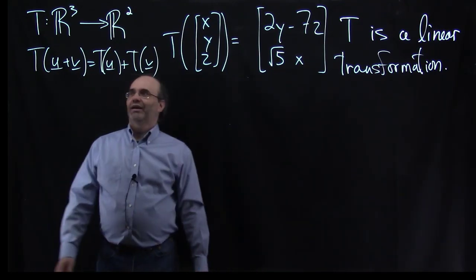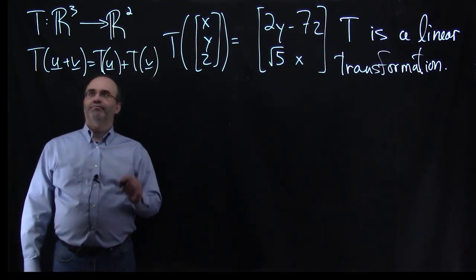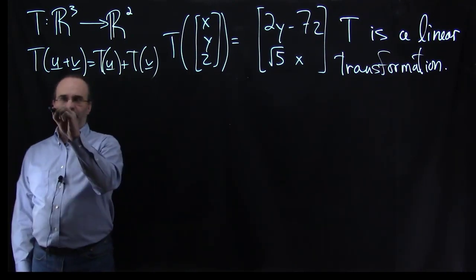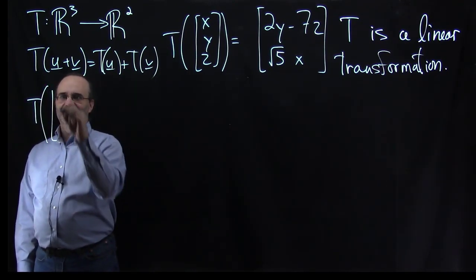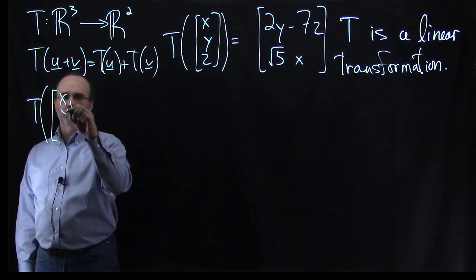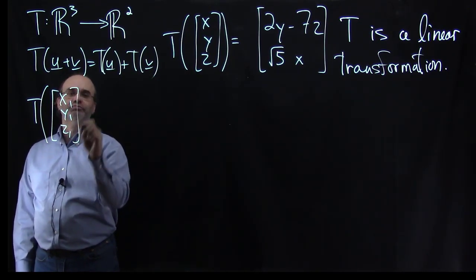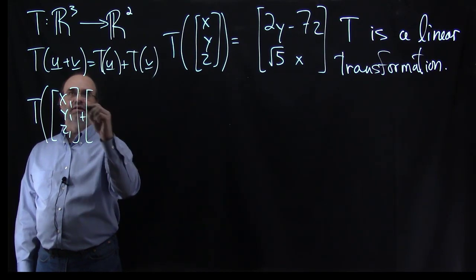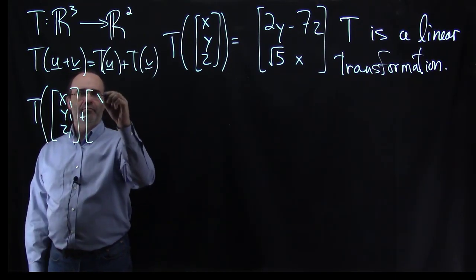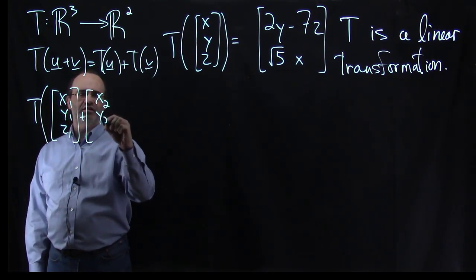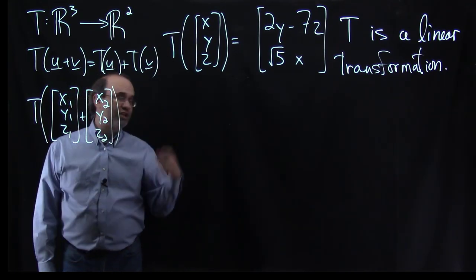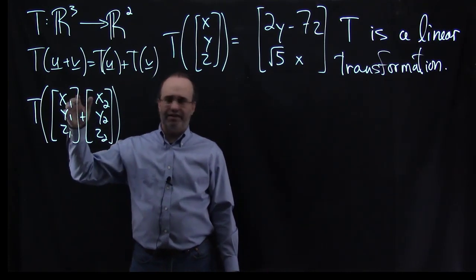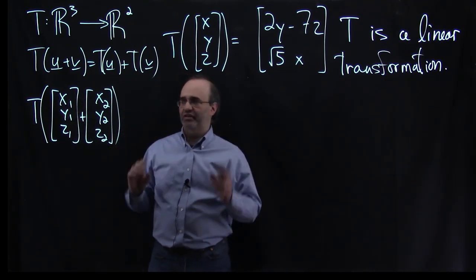So let's start with this. We look at T applied to a sum of two vectors, (x1, y1, z1) plus (x2, y2, z2), where the first is my u and the second is my v. I need to work with general vectors, so I cannot just give x1, y1, and z1 some specific values.